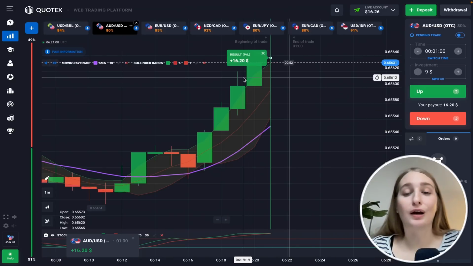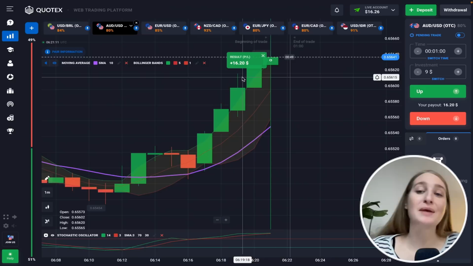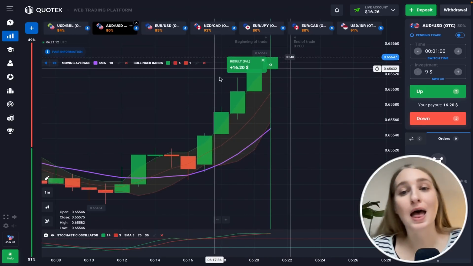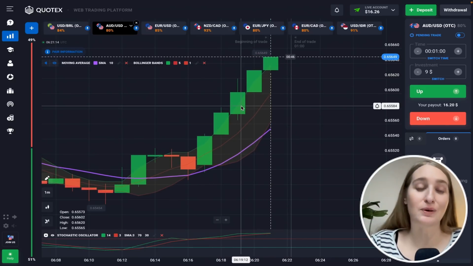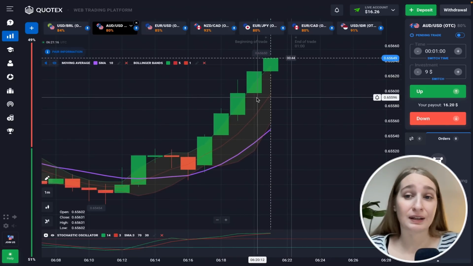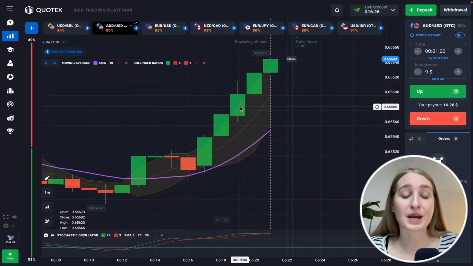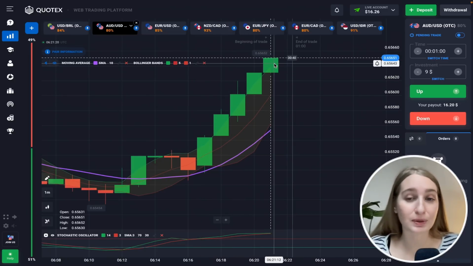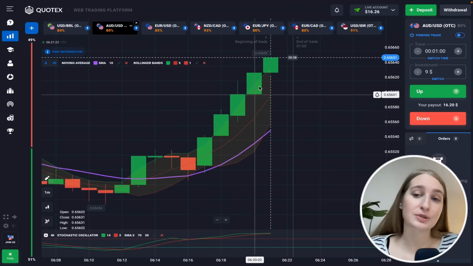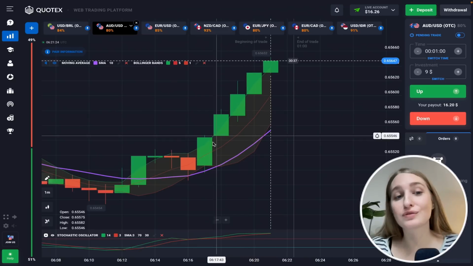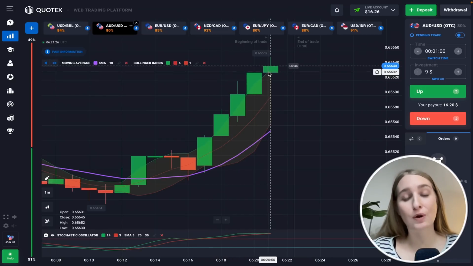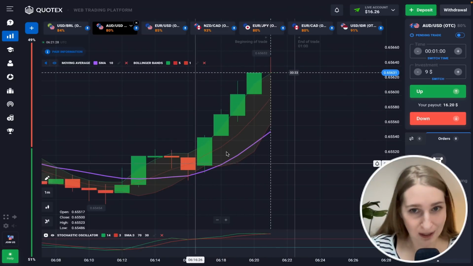So guys, I'm really happy that we have this kind of situation, because of the 5 candlesticks of our trend, 3 are on the green line of the Bollinger Bands corridor, just 3 of them. It was a good signal for me to make a call option right over here.